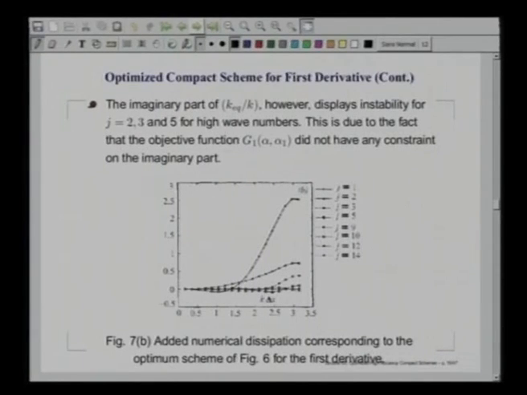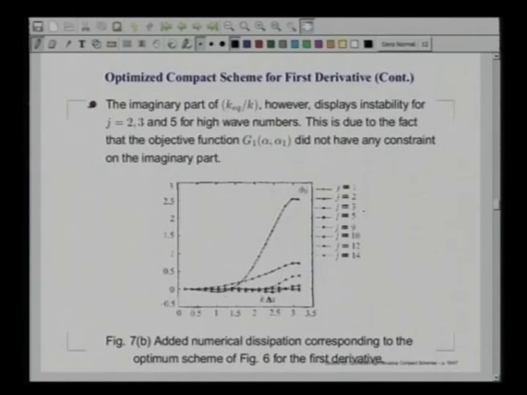What we find here is that for certain nodes, for example j equal to 1, it remains stable up to some value of k h, but then it becomes violently unstable. But we have noticed that j equal to 1 is never our main point of concern. However, if you look at j equal to 2, that actually starts off and remains unstable all across.